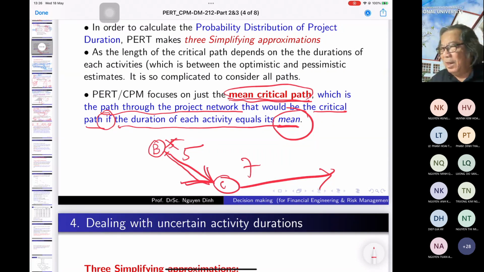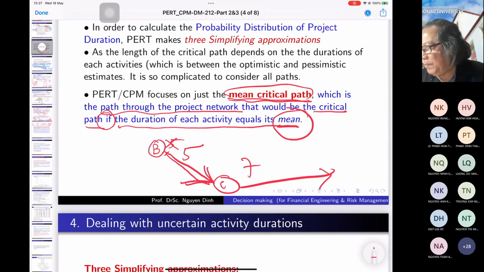In the PERT-CPM problem here, we work mainly on the network, but in some sense you can also transfer it to linear programming.